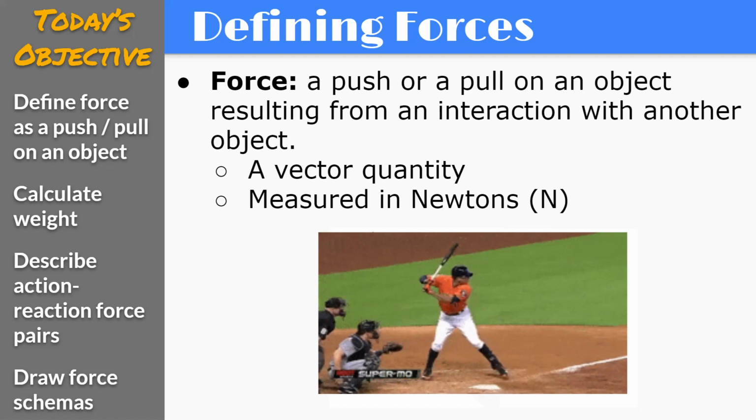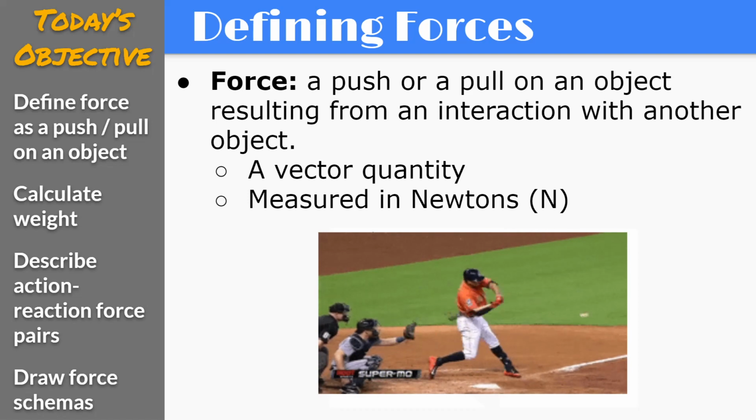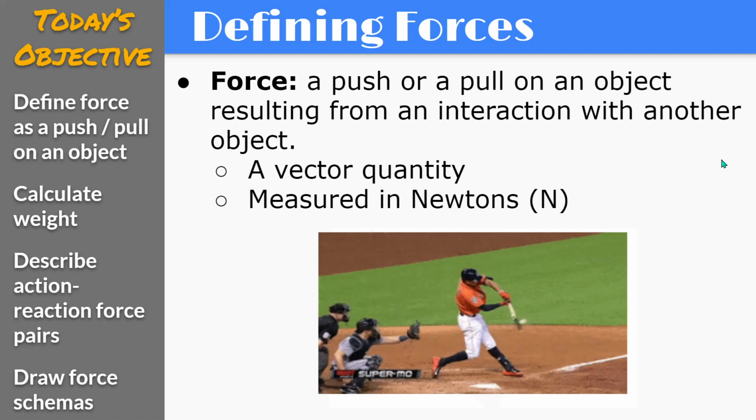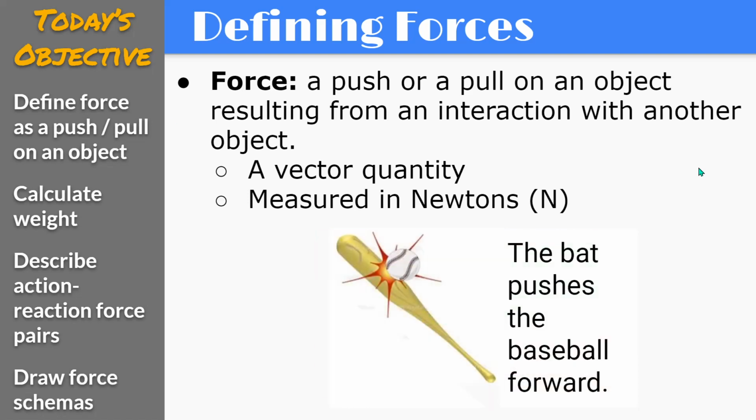And we could even give a number value, a number of newtons for that, which you'll be calculating later on whenever we put some numbers to it. Okay, so again, you are going to want a definition. So you could say the bat pushes the baseball forward, and that would be the force, or one of the forces actually, in that scenario.